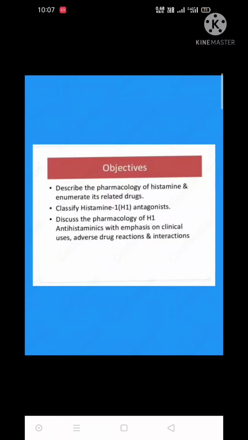So let's discuss this. Describe the pharmacology of histamine and enumerate its related drugs. So basically in this section we have to discuss histamine, antihistaminic drugs or H1 receptor.